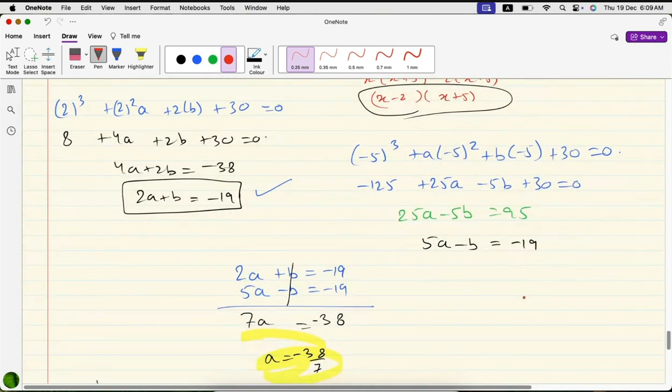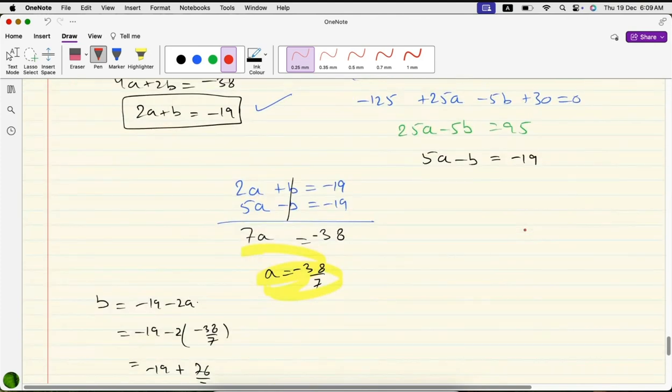Hmm. 30 minus 125 is minus 95. Minus 95 goes on the other side. Oh my god. Why did I write minus 5? Minus 19. That was plus 19.